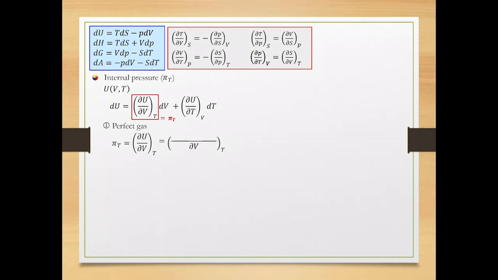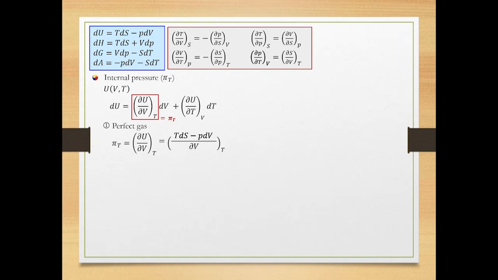Modify the expression of pi T as following. dU in the differential of U and the rounded dU in pi T are the same. So, you can replace the dU with TdS minus PdV.